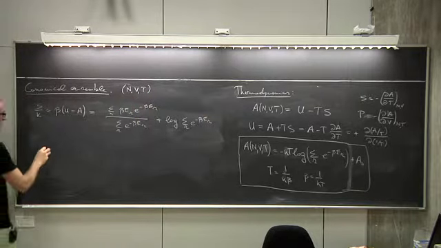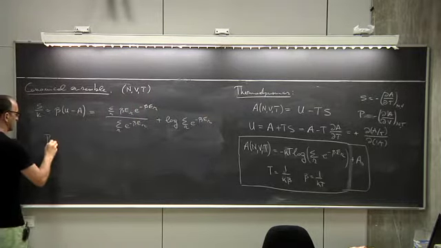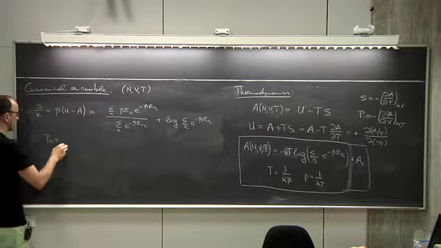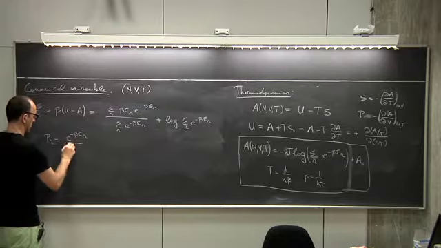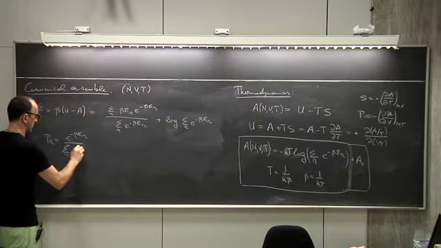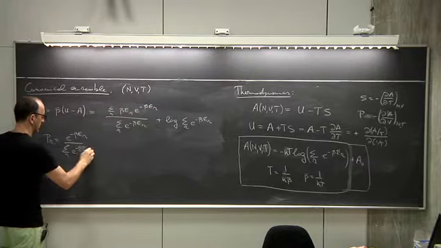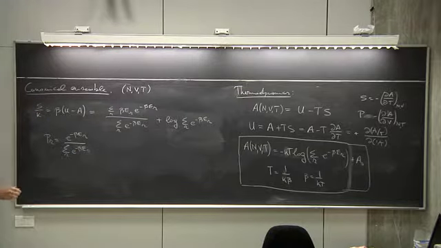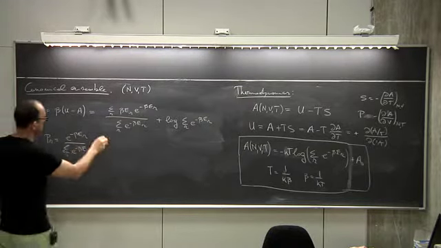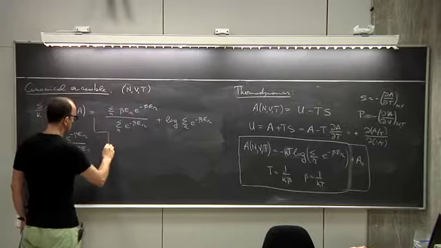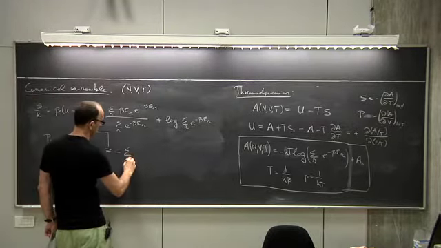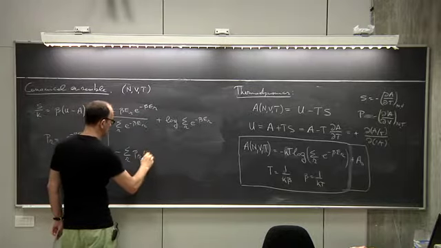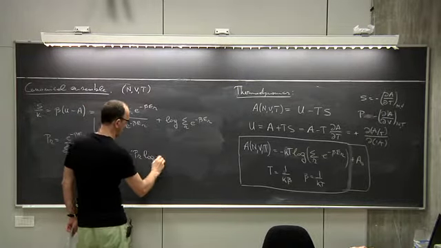Now, if you recall that the probability of a state r is equal to e to the minus beta Er over the sum over r of e to the minus beta Er, what you can see is that this formula is equal to minus the sum over r of Pr log Pr.